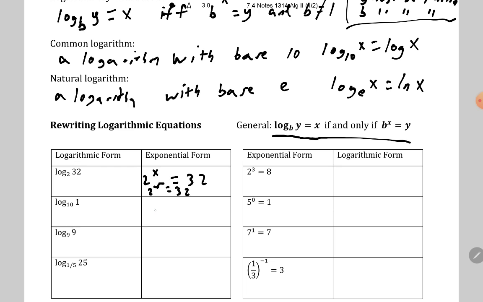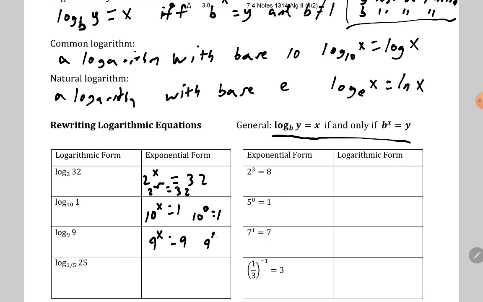So log base 10 of 1. This is 10 to what power is 1? And that is 0. Nine to what power is 9?